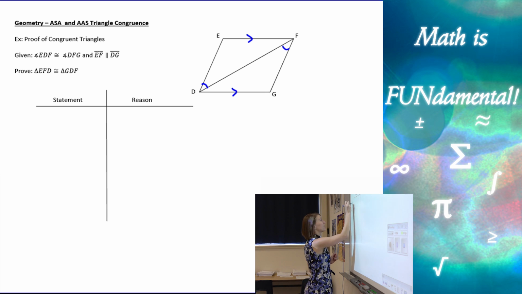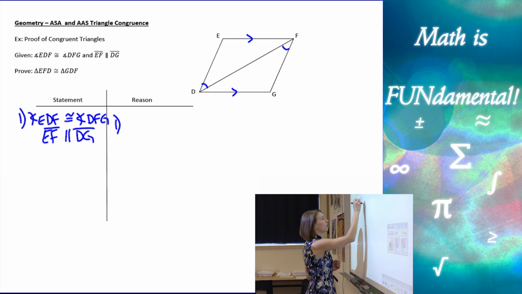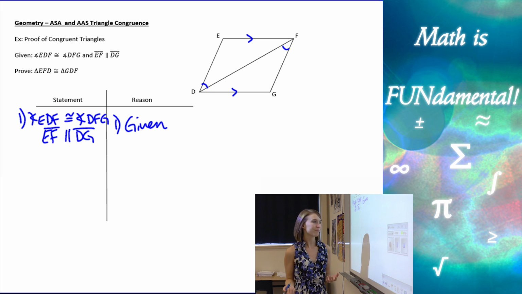All right, so that's our given information. Let's write it into our proof. So angle EDF is congruent to angle DFG, and segment EF is parallel to segment DG. And our reason, again, is just the word given because that's what they gave us.